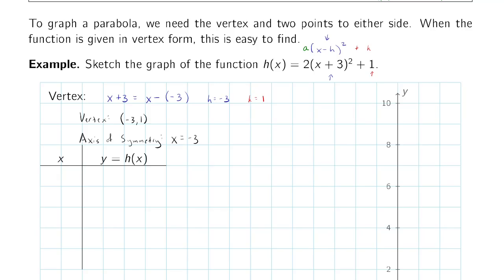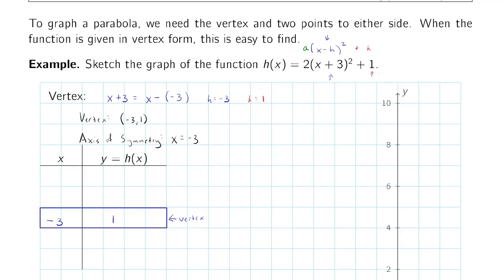Now we want to get 2 points to either side of the vertex. So I'm going to make this table and I'm going to put the vertex in the middle. So I'm going to put x is negative 3, y is 1 right here. And then for my other points, I'm going to go the same distance away in either direction.